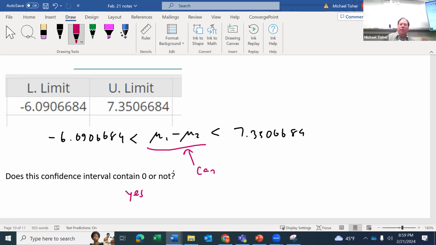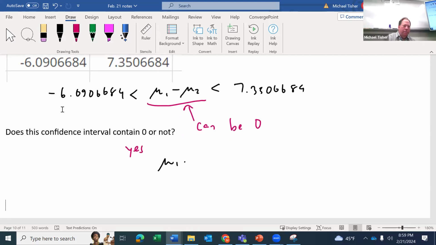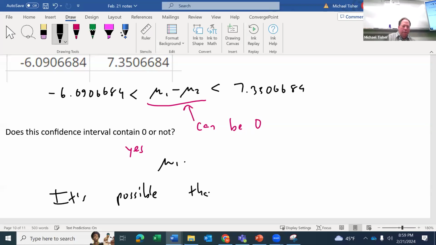Since the answer is yes, then mu1 minus mu2 can be 0. So what is that saying? Well, we can say it's possible that mu1 minus mu2 can equal 0.